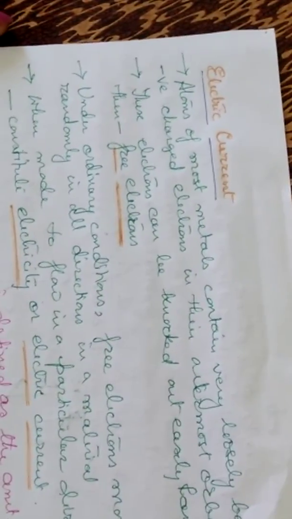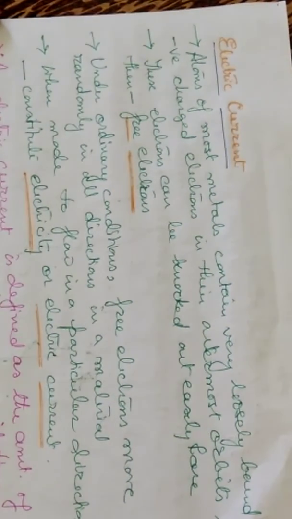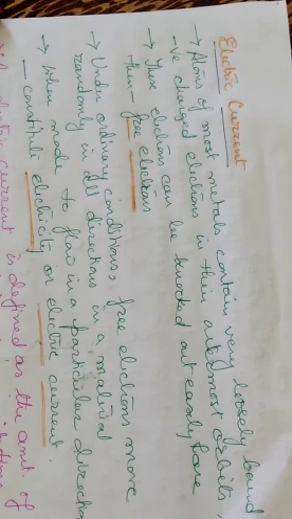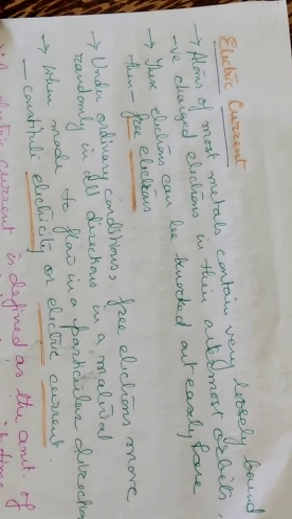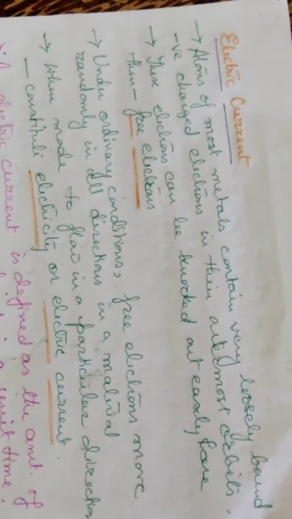Now we come to electric current. What is electric current? Atoms of most metals contain very loosely bound, negatively charged electrons in their outermost orbit. These electrons move around in the atom, and they can be knocked out very easily, and are then said to be free electrons.